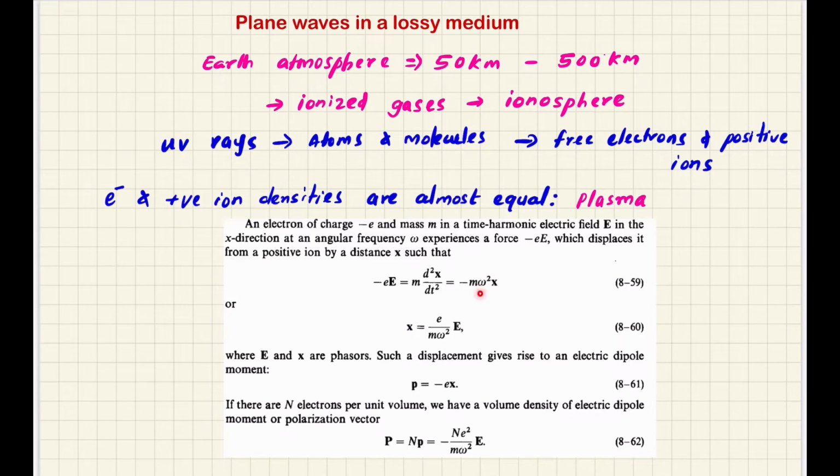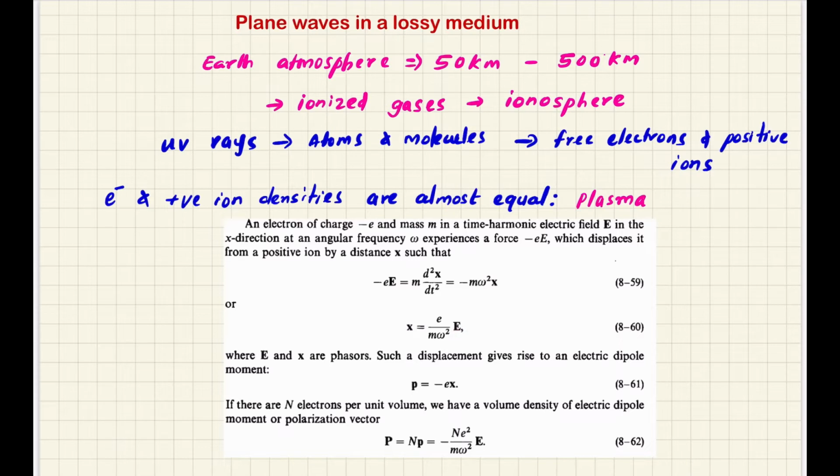In the phasor notation, there is a second derivative, so the second derivative will give rise to a factor of (i omega) raised to 2, which is a minus omega square factor, so it finally becomes this expression. Now you should be careful that in this expression, x and E are in the phasor notation. Okay, so the displacement of the electron is given by e by m omega square E.